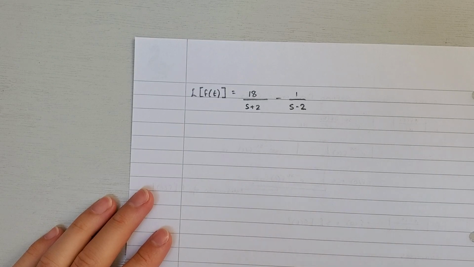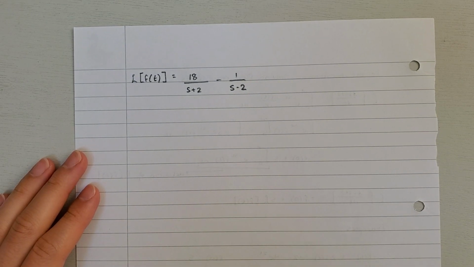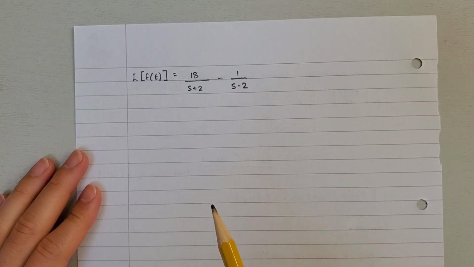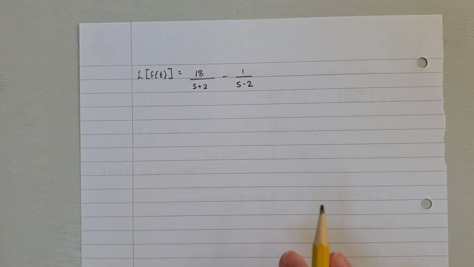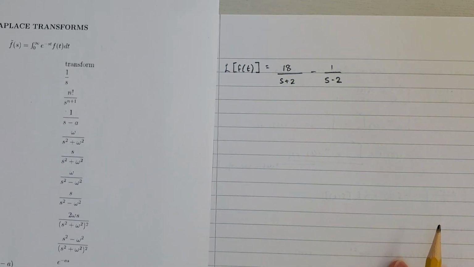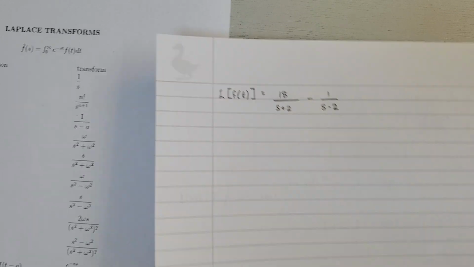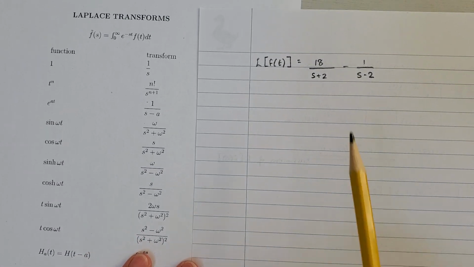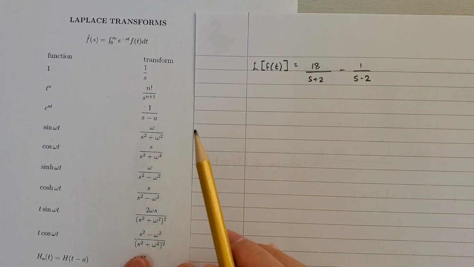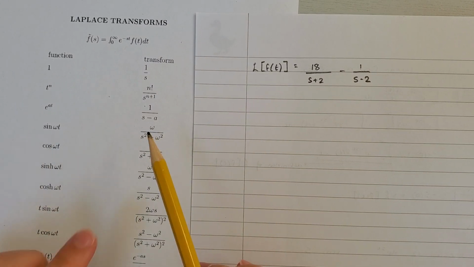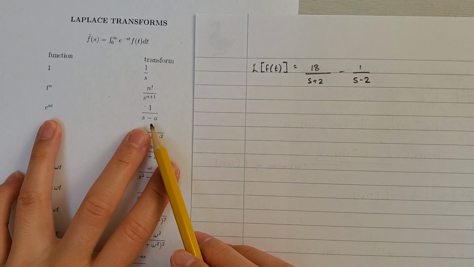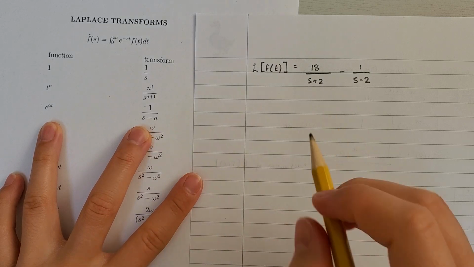So now that we've done that, we can use the table of Laplace transforms to find the inverse. If we look at our table, we have s plus 2. Looking at the table, I'm thinking it's this one because it's got a single s.